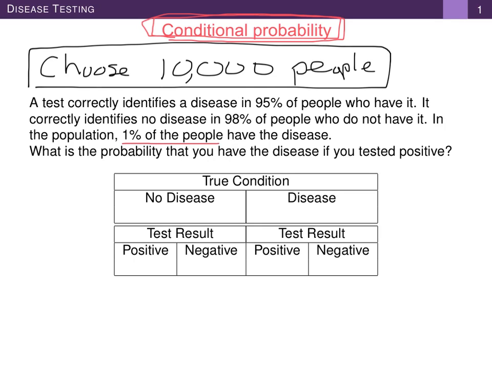1% of the people have the disease. So 1% of 10,000 gives me 100 people that actually have the disease, which leaves me with 9,900 people that do not have the disease. Okay, so next thing.